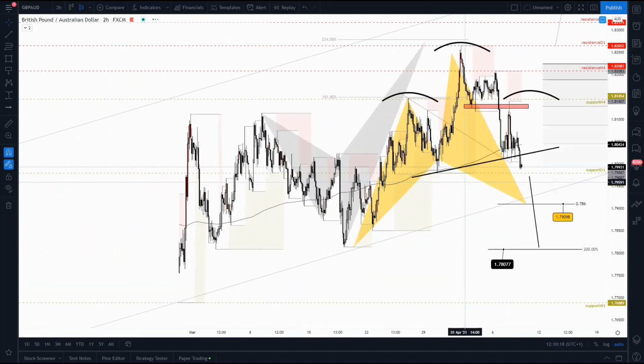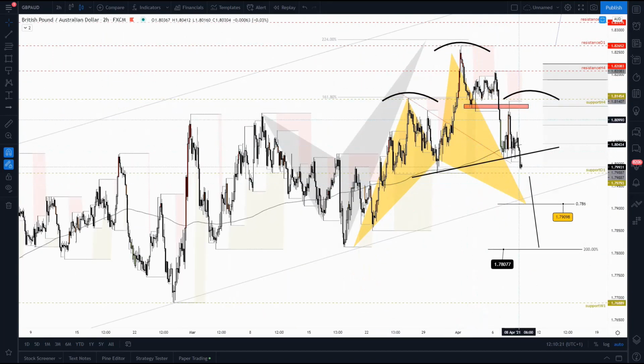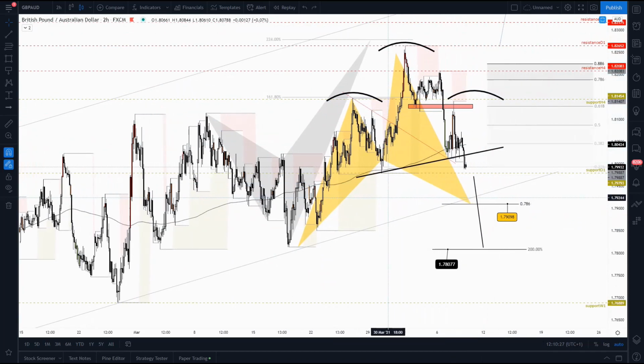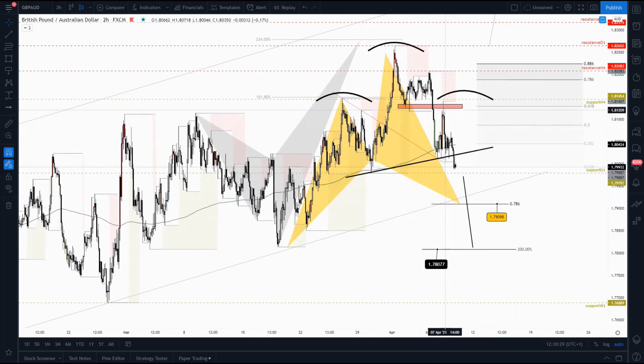So I shared this yesterday as the potential formation of the right shoulder at that point. At the time that I shared this chart, we were trading this price zone. The market was forming this week at this previous structure support level.